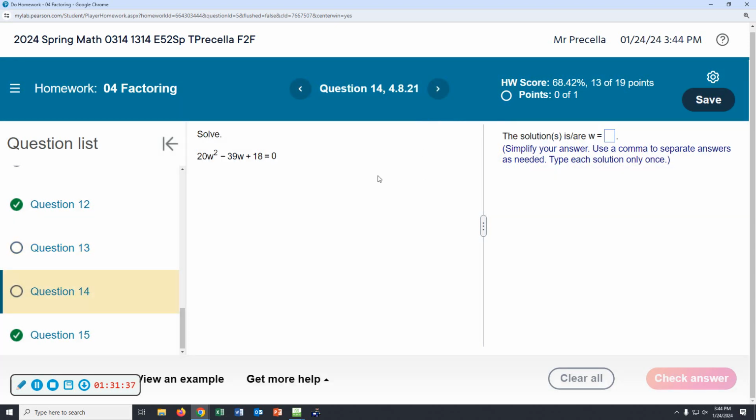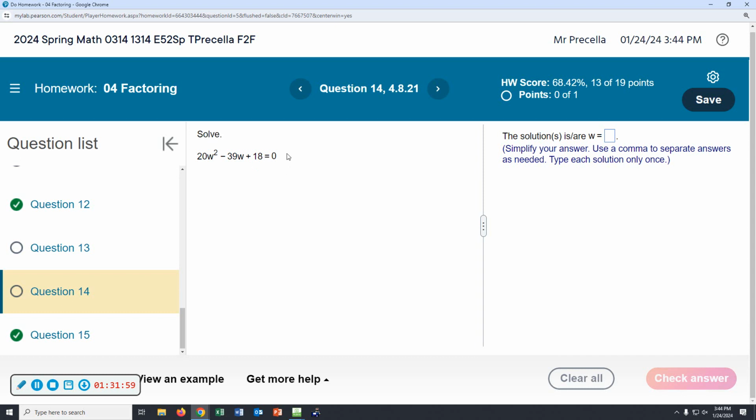Number 14. So this will be our last example. 20w squared minus 39w plus 18 equals 0. Wait a minute, that does seem familiar. Have we already done this one?